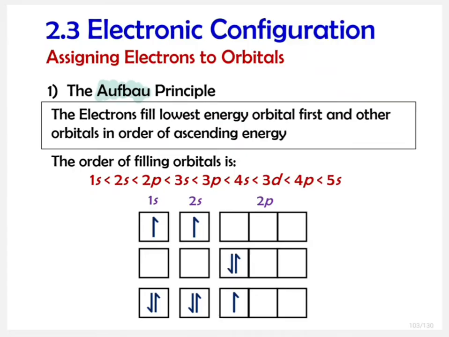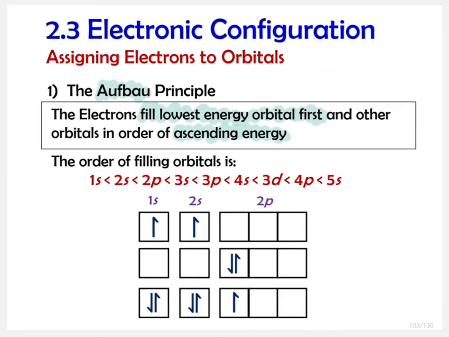So it states that the electrons fill lowest energy orbital first and other orbitals in order of ascending energy. Previously in 2.2 we have learned that 1s is lower energy compared to 2s, lower than 2p and so on.